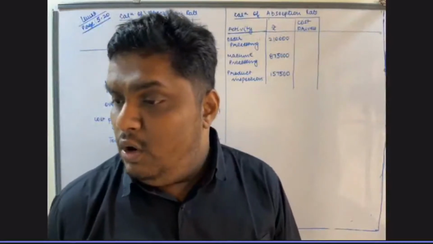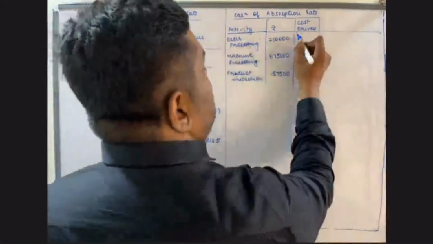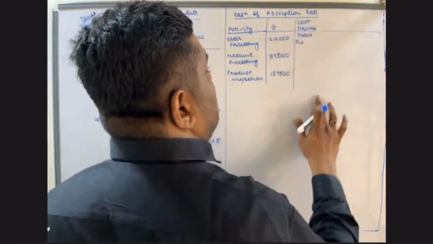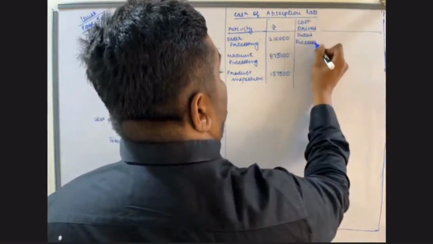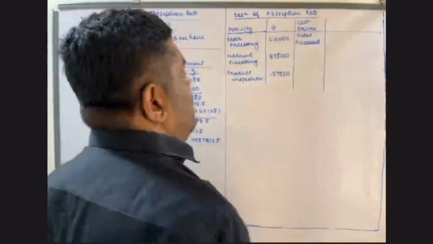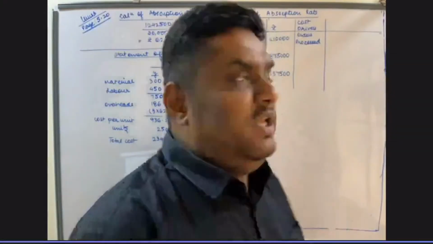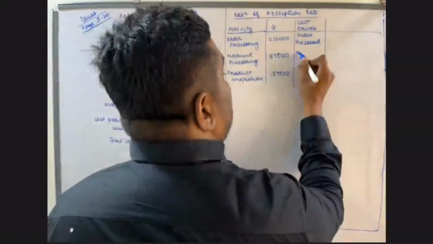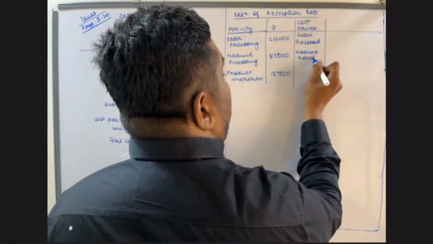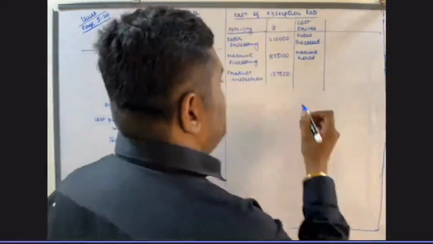When talking about order processing, it is absorbed on the basis of orders processed. When talking about machine processing, it is absorbed on the basis of machine hours worked. When talking about product inspection, it is absorbed on the basis of inspection hours.